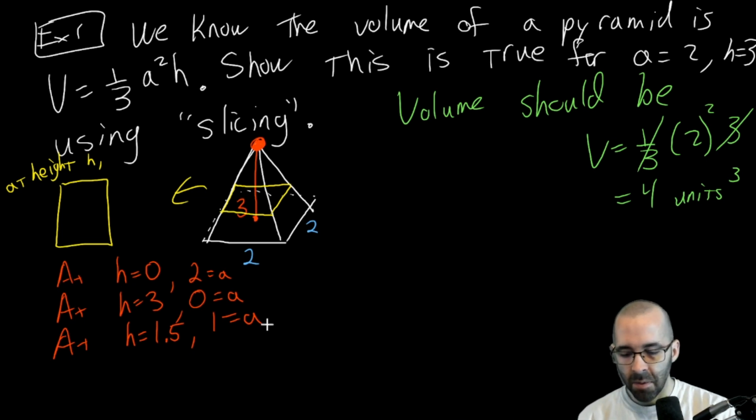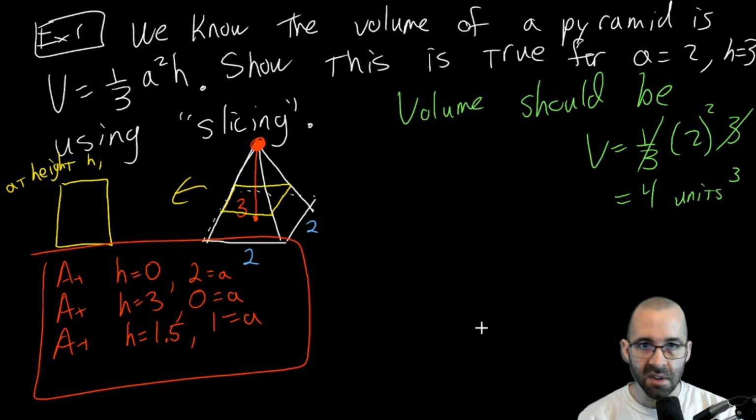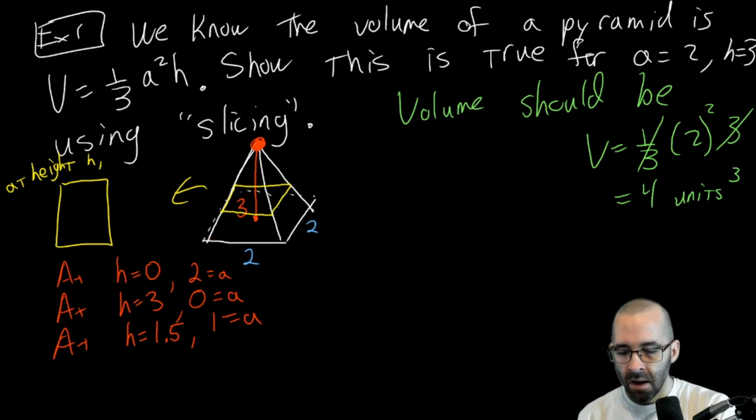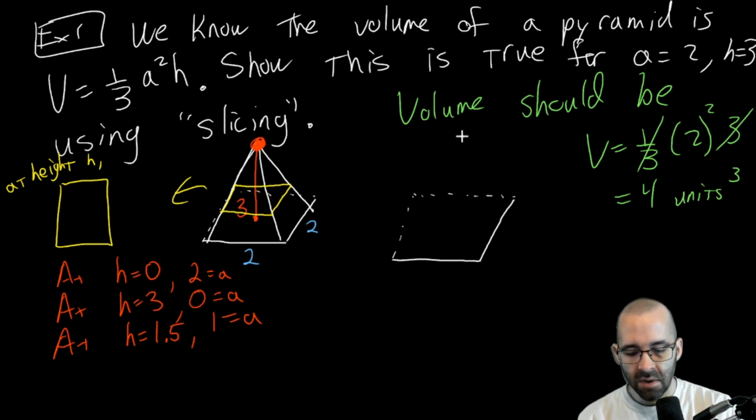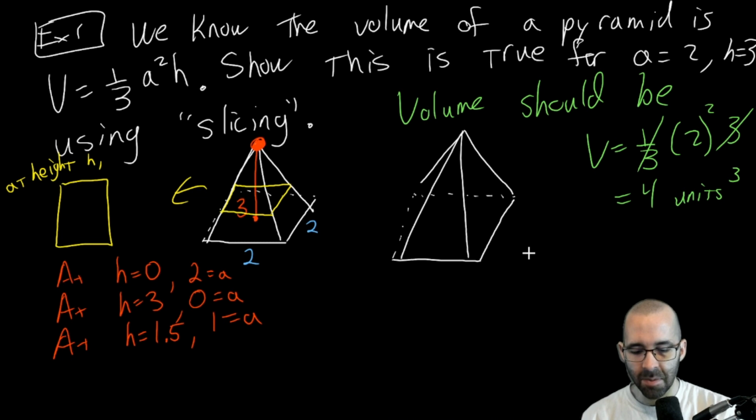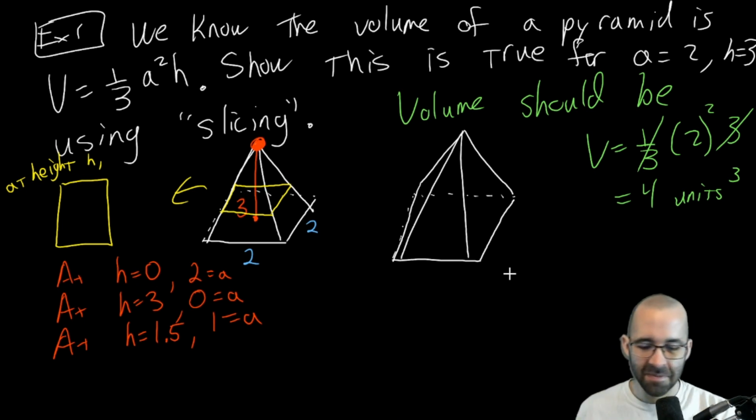Another way of approaching this, because this is kind of heuristic, it's not really formal. Another way of seeing this, and this is again the struggle for this entire section, is visualizing these things. Again, let's look at our pyramid. Whoa. I don't know why this pyramid looks so weird. It looks really slanted.